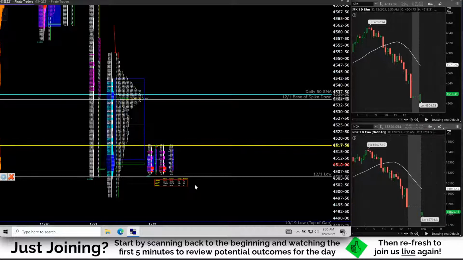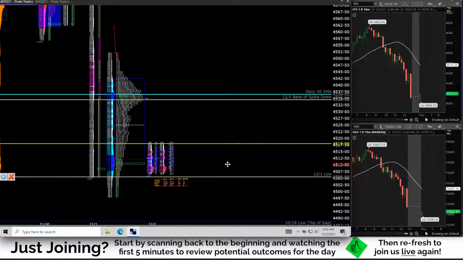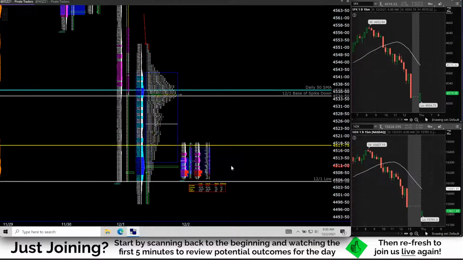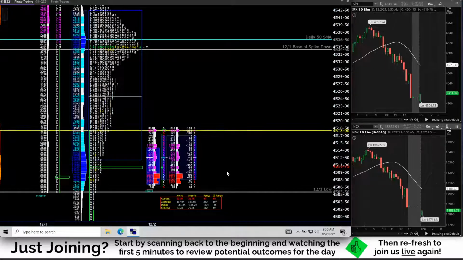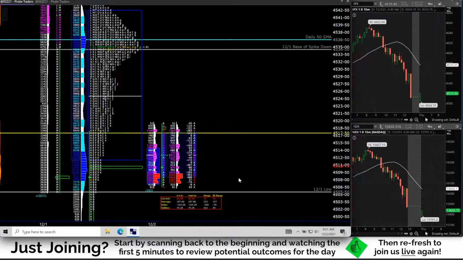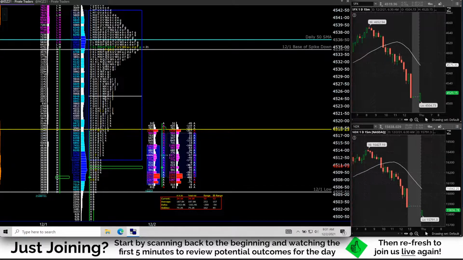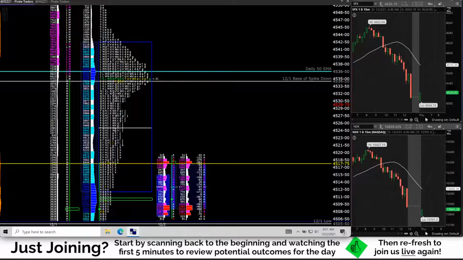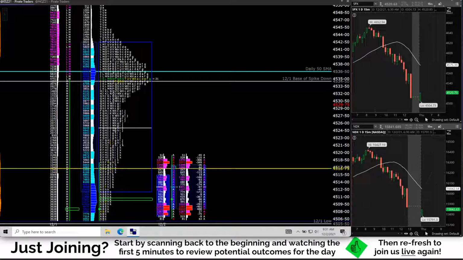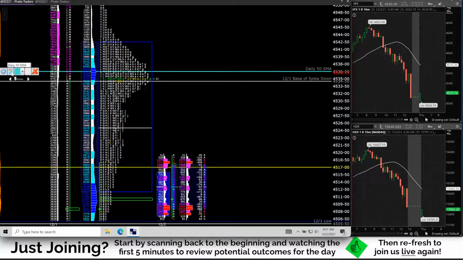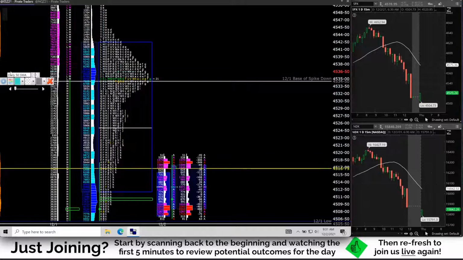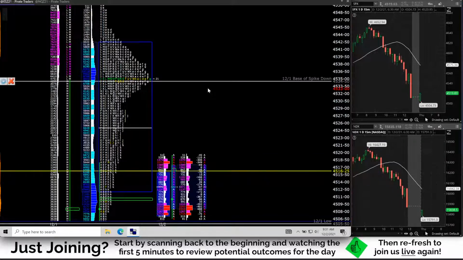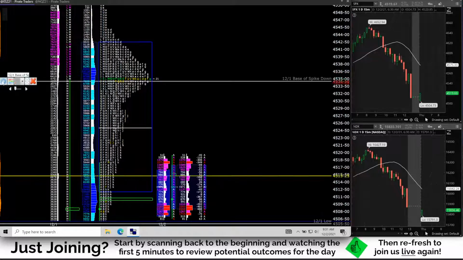Overnight inventory was completely balanced, so that doesn't necessarily imply the market has to push one way or another. We are pushing higher though. So once again, looking for resistance right around this area where the overnight market spent so much time up in here, and at that 50 daily moving average, which is literally right at the base of the spike.